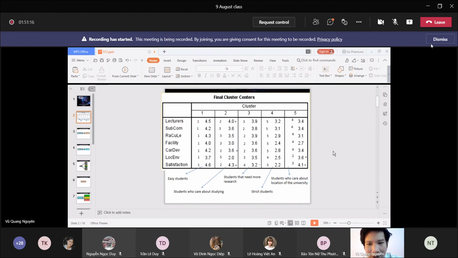If we target cluster 3, we must do further research to know what drives their satisfaction. If we focus on cluster 4, it means that we must improve everything because they care about everything. They are very strict. And if we target cluster 5, then we make the university easier for them to access.